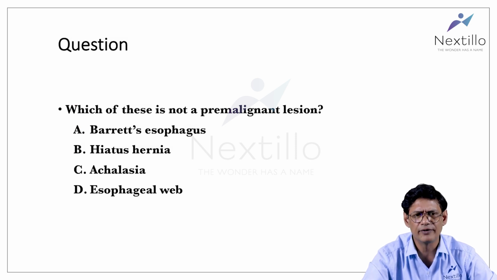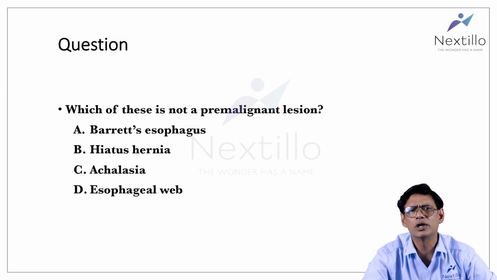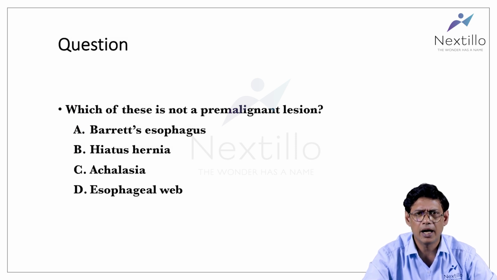In Barrett's esophagus, there is intestinal metaplasia of the lower esophagus. The squamous cells lining the lower esophagus, due to repeated exposure to acid, are converted into the columnar epithelium and ultimately may develop goblet cells.